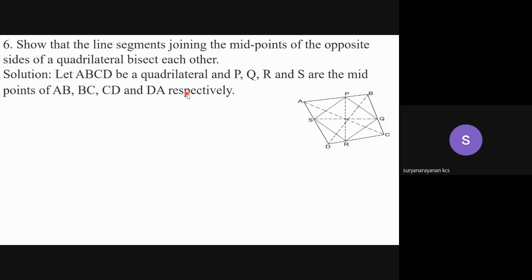Okay, my children, this is given to us. What is to be proved? If we join PR and QS, then these two line segments bisect each other. PR line segment and SQ line segment, they will bisect each other. Okay, my children, right.